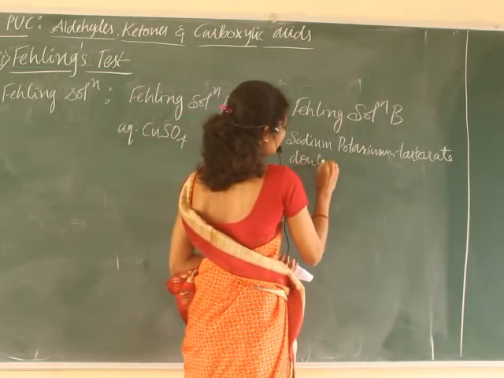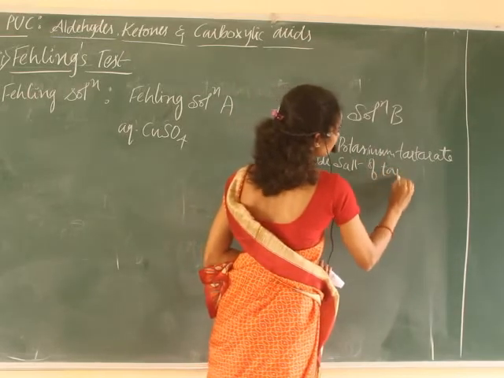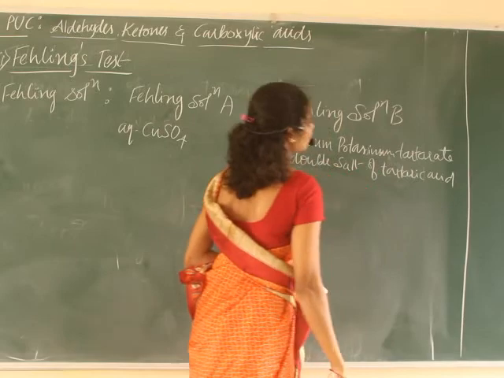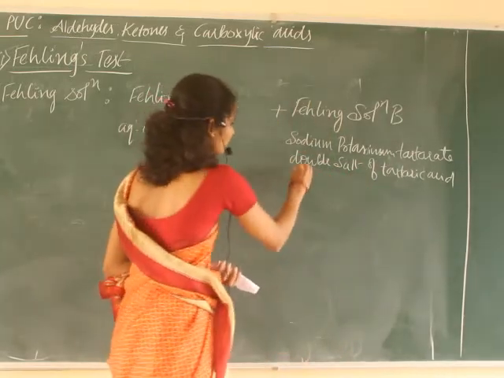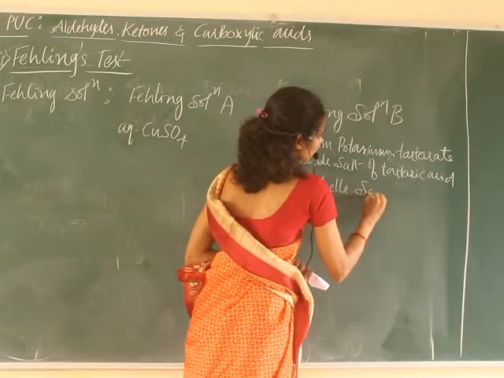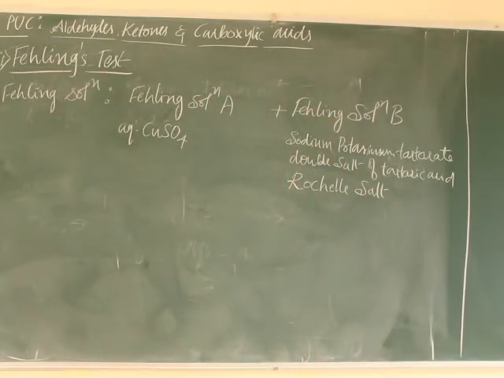The double salt of tartaric acid is called sodium potassium tartrate or Rochelle salt. This is about Fehling's solution A and Fehling's solution B.